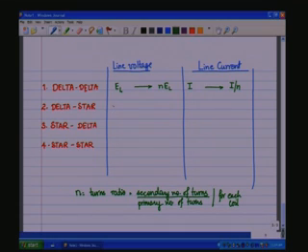Then in the case of the delta star, we apply a voltage EL. It is the same as the phase voltage in the case of the primary side coil. The secondary side coil becomes N times EL, and this N times EL is the phase voltage of the secondary side star connected circuit, and therefore the line voltage at the terminals of the secondary side transformer is root 3 N EL.